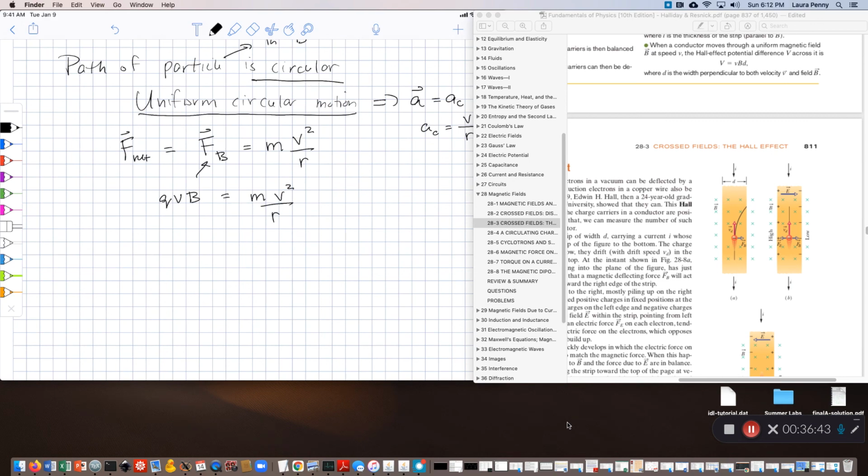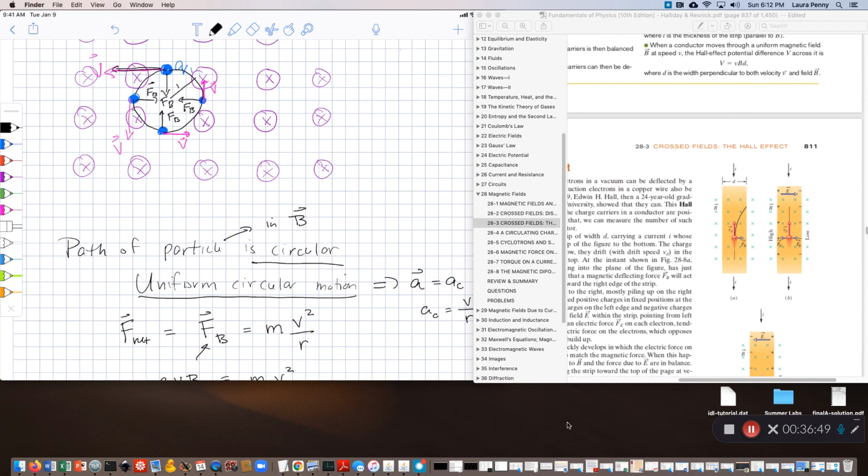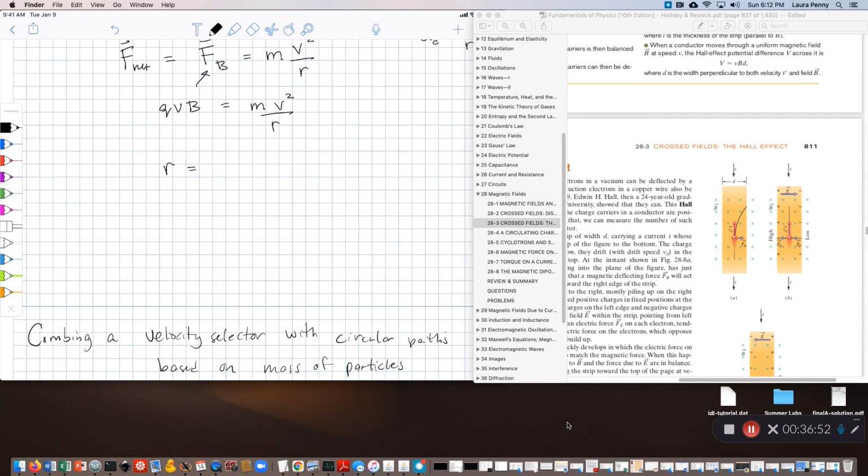I can move these around and say the radius of this circular path that it's following is mv squared over qvB, and one of those velocities can cancel out. So the radius of the circular path depends upon the velocity that the object had, the mass that the object has, the charge that the object has, and the magnetic field strength of the region that it's in.